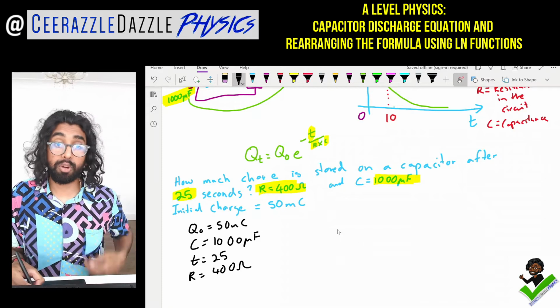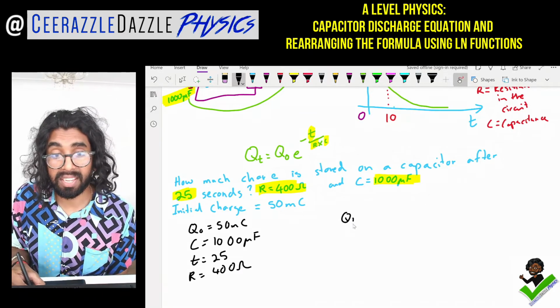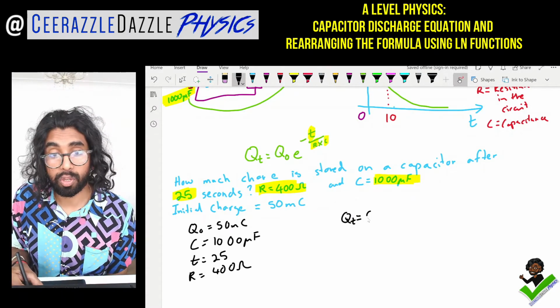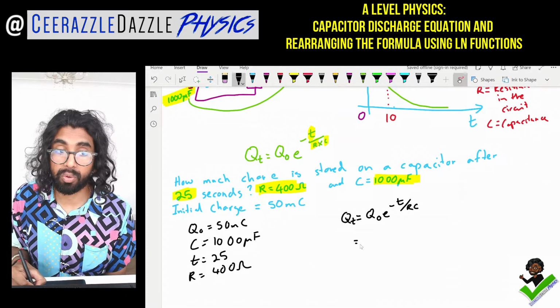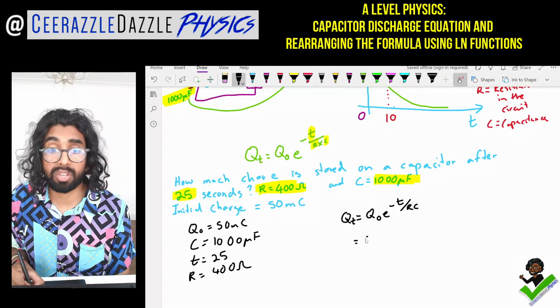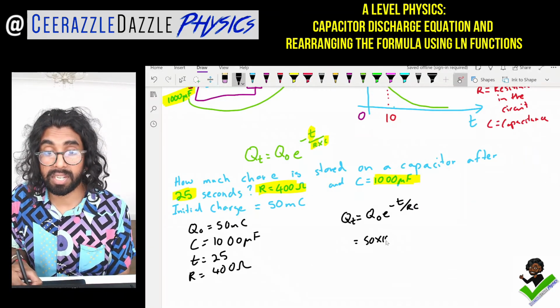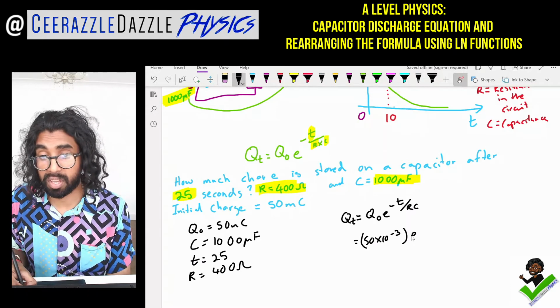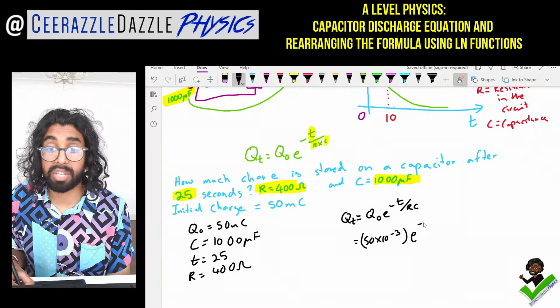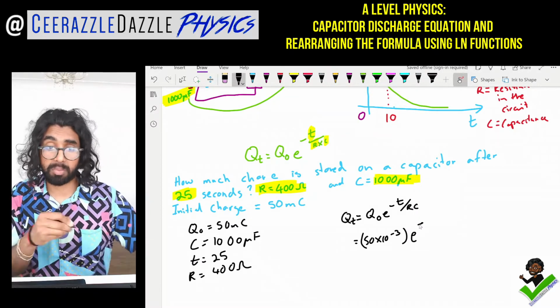Using our formula, we know that Qt is equal to Q0 e to the minus t divided by RC. Q0 is 50 millicoulombs, so it's going to be 50 times 10 to the minus 3, converted to coulombs. We're going to use the e function, so make sure you're happy to use it on the calculator. Spend time working on that.